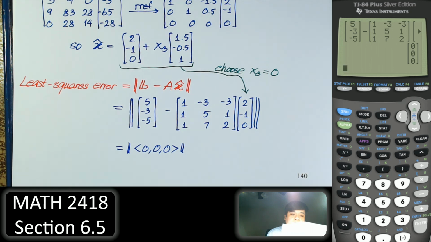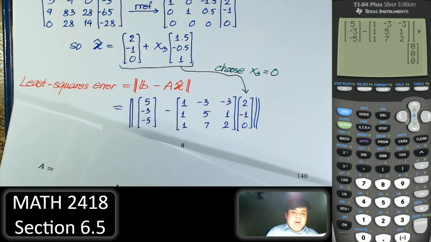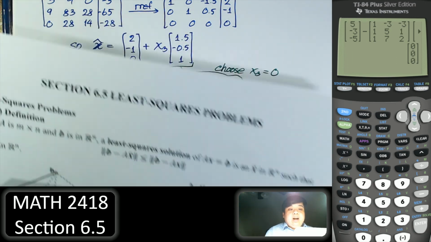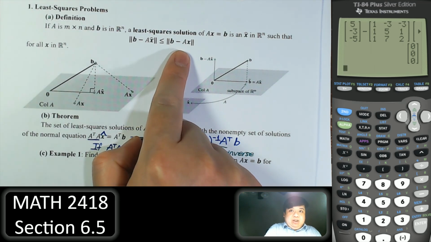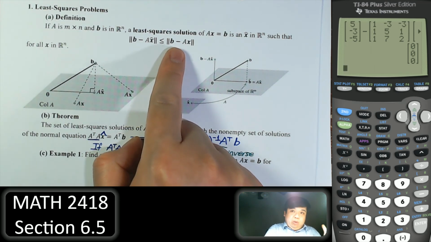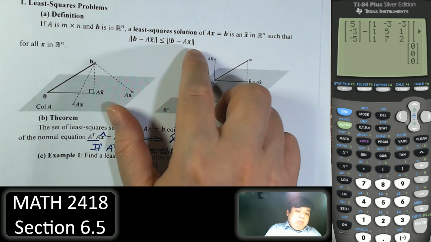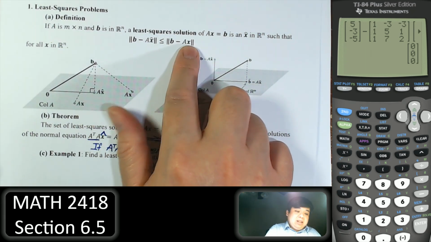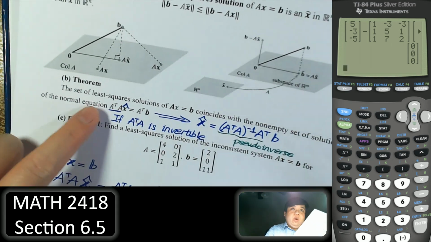So with that, we finish section 6.5. Pretty much just least square problems, where we try to minimize b minus Ax, and in the ideal condition that is equal to 0, and then we don't have to minimize the error. But if we try to minimize b minus Ax, the solution is x hat, which coincides with the normal equation.